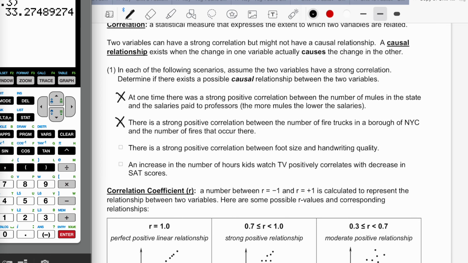Then you have a causal relationship, but it's a chain of causality rather than just a direct link. We're looking for a direct link, so that's why it gets the no. Strong positive correlation between foot size and handwriting quality. I mean, that gets a no just because.